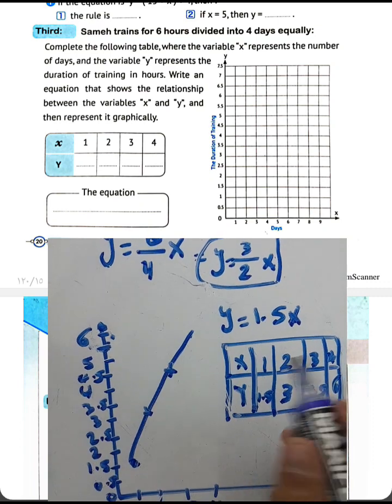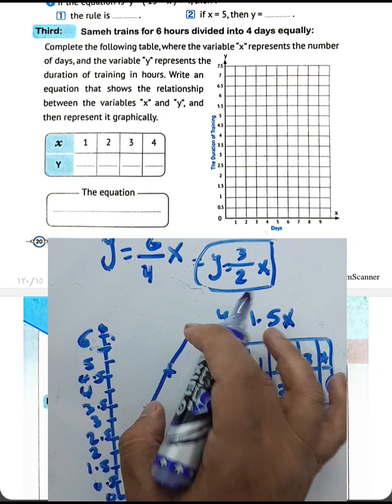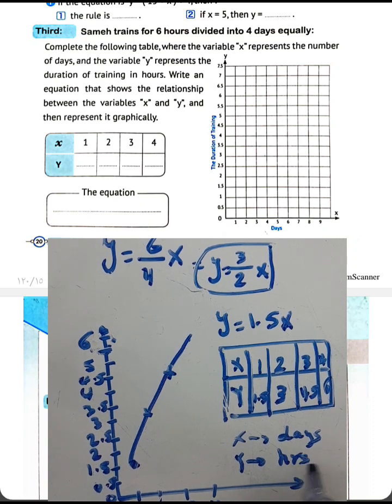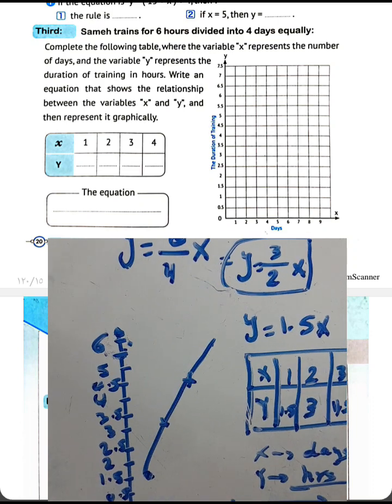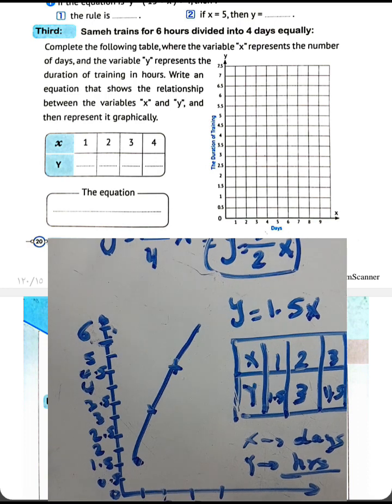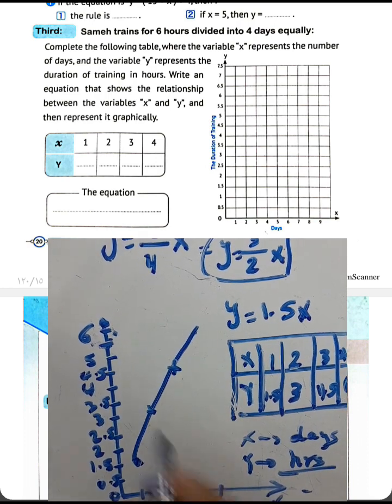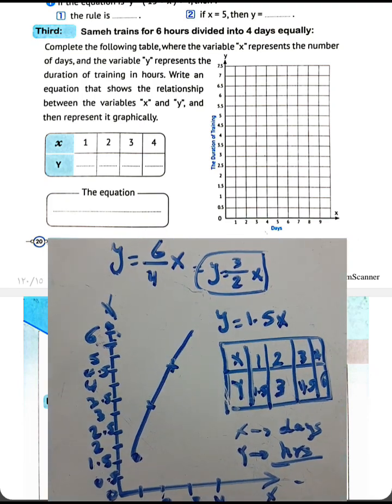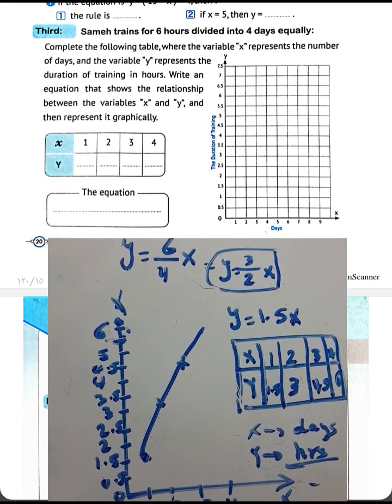Horizontal axis here is x, and vertical axis will be y. The relation between y and x.